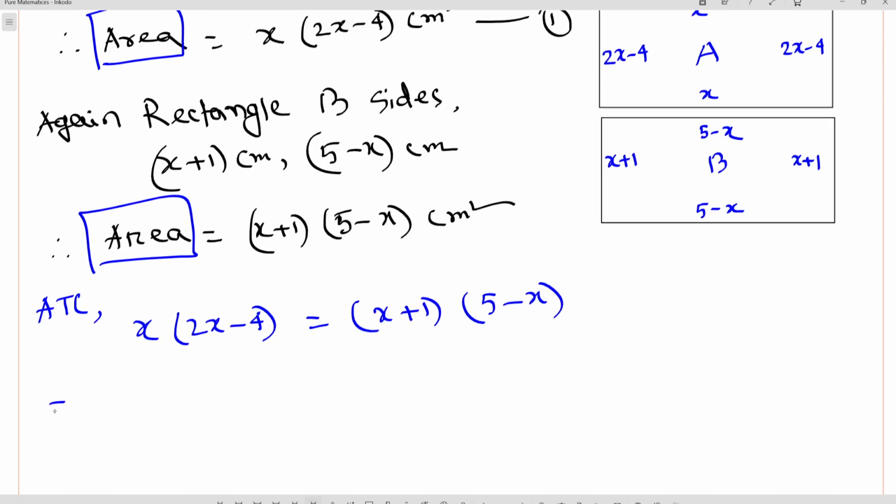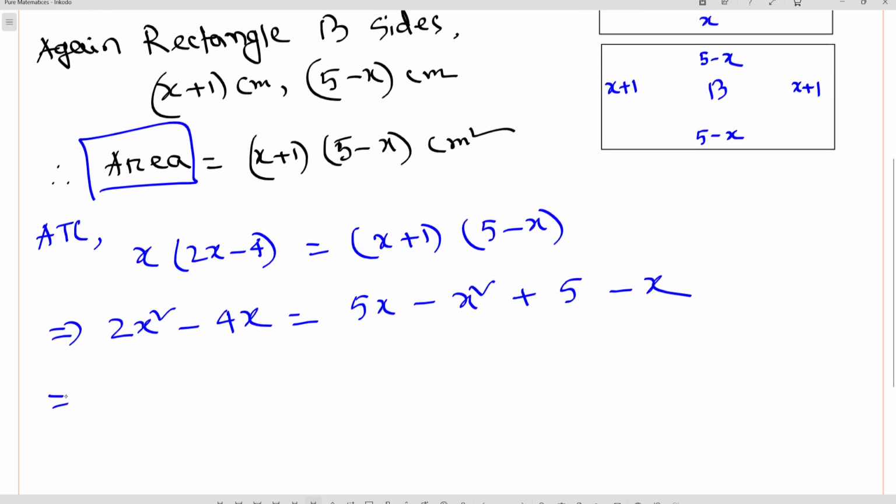Now we will expand this one, so we can write 2x squared minus 4x equals 5x minus x squared plus 5 minus x. Okay, so everything we will transfer to the left side.